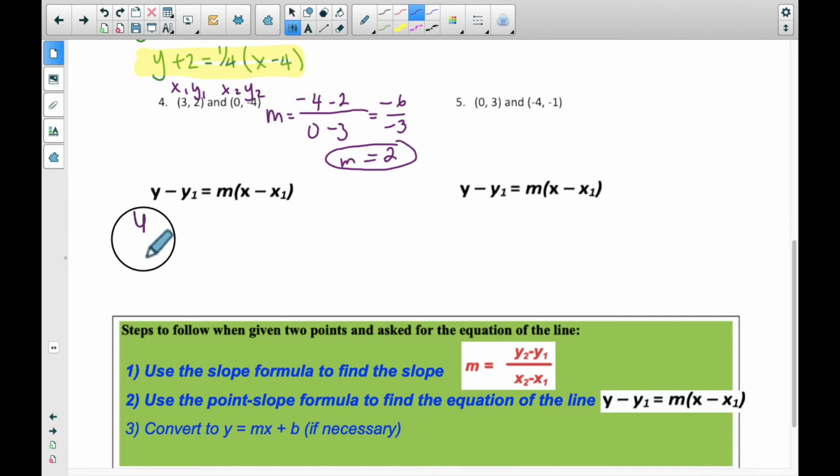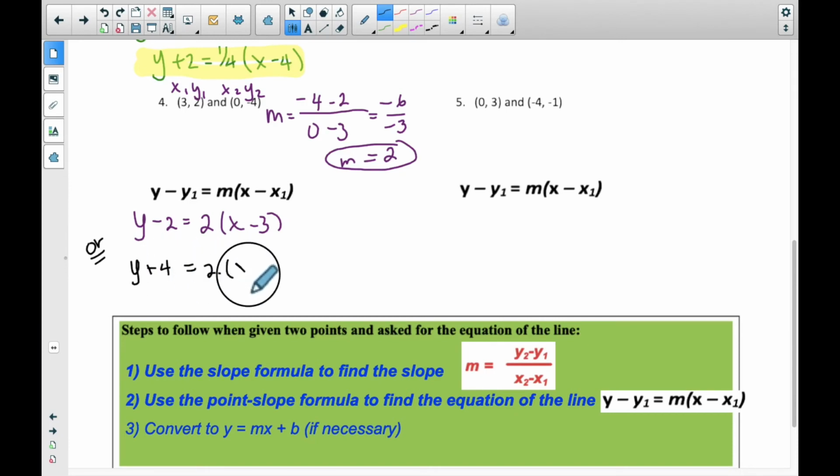One possibility is y minus 2 equals m, which is 2, times x minus 3. That is one possibility. Now, we could choose a different one, and we could have done the 0 and the negative 4. So we could say y minus negative 4 is 2 times x minus 0. There's nothing wrong with that.